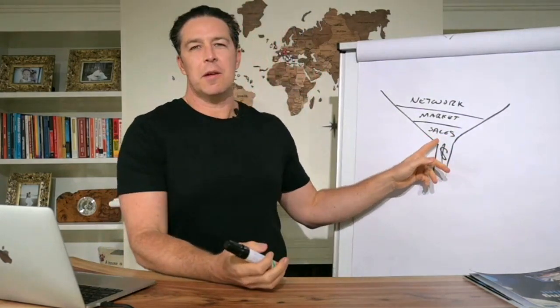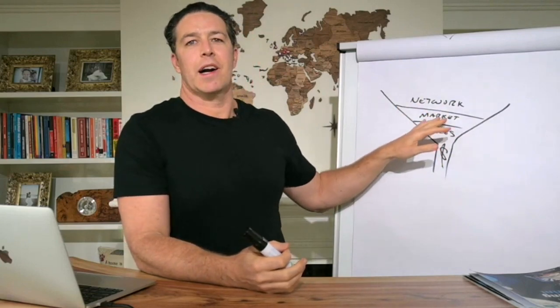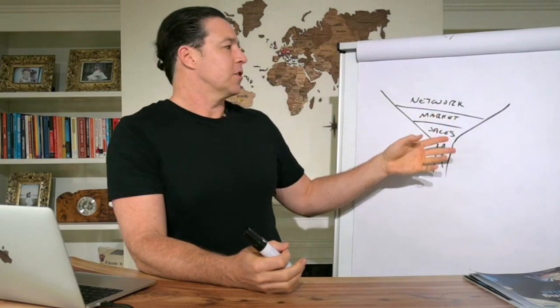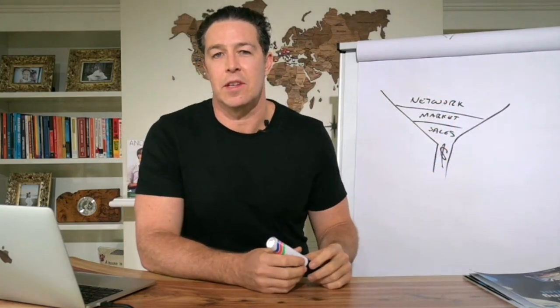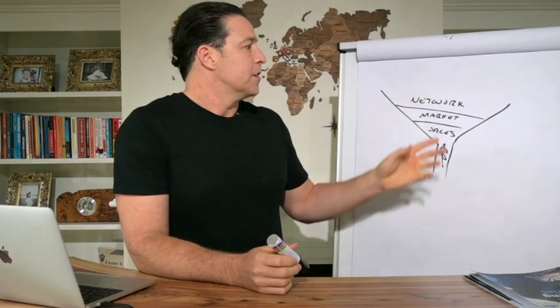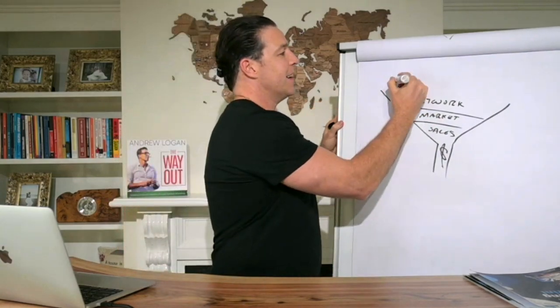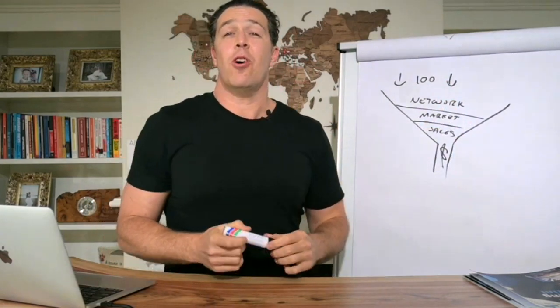Now, the problem is, with a general marketing strategy, out of this whole network we'll probably only get about 3% of people come through ready to buy and make a sale. So that means if we want to make another 3 sales, we've got to add 100 people into this network.